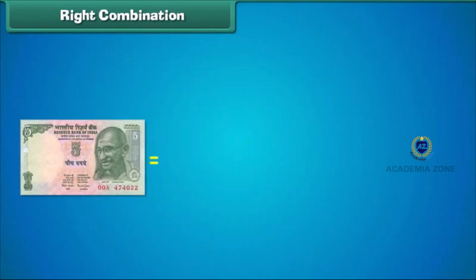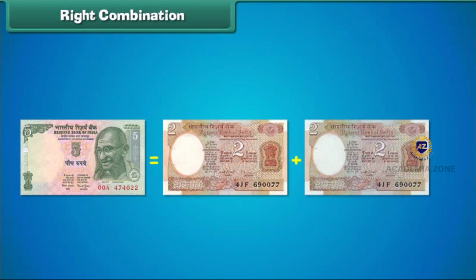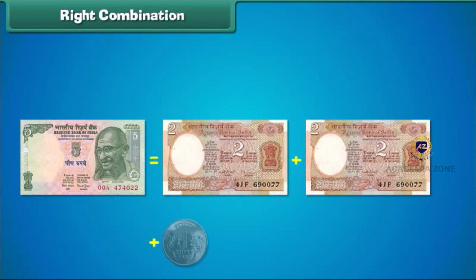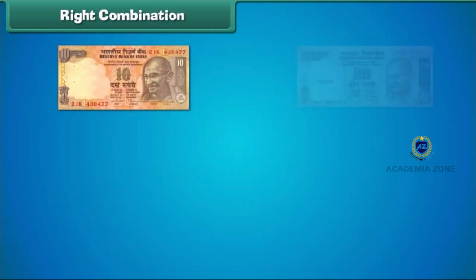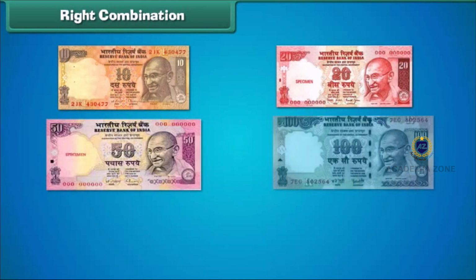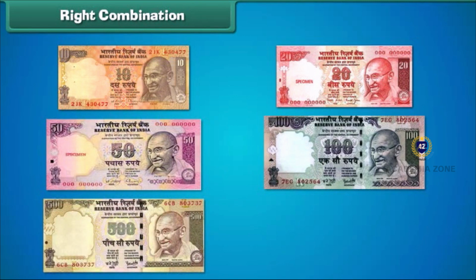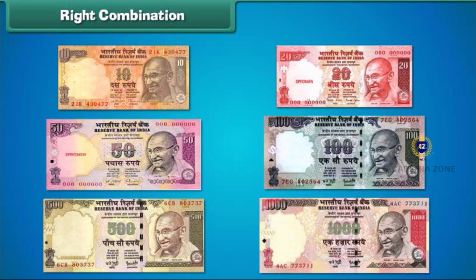Similarly, one 5 rupee note is equal to the sum of 2 rupees note and a 1 rupee coin. All these are the right combinations. Similarly, we can have different right combinations for 10, 20, 50, 100, 500 and 1000 notes.